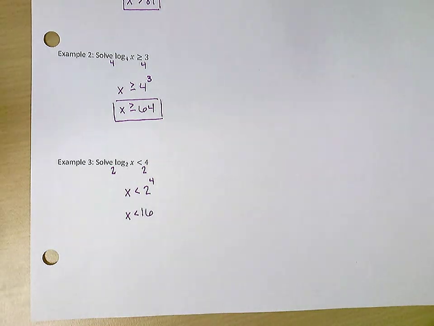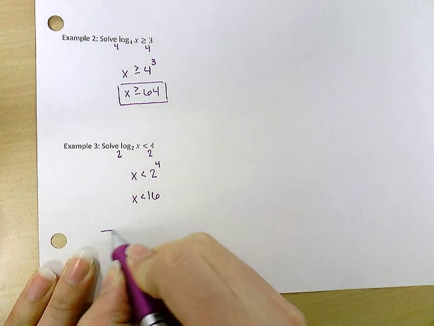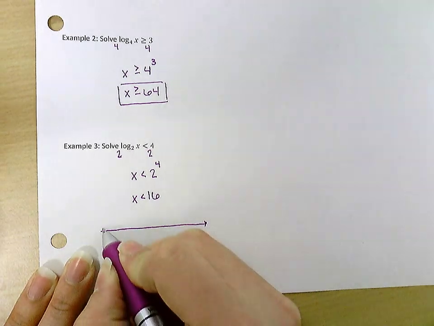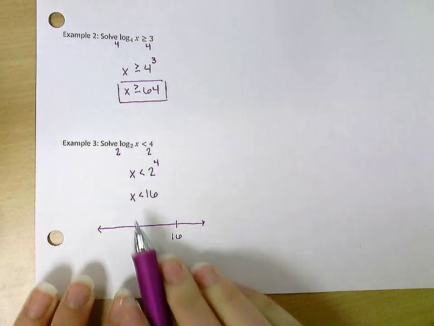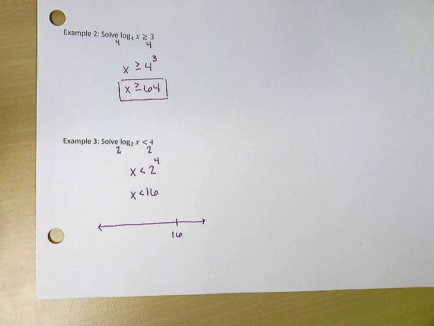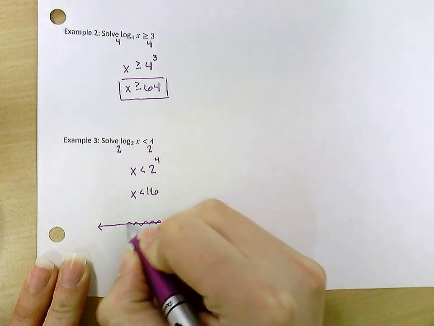Now up above in that chart, it says that your x value has to be greater than 0 as your domain. If I were to plot this on a number line, I have 16 here, and this is saying that all my x values are less than 16. That means it's going to go to the left.